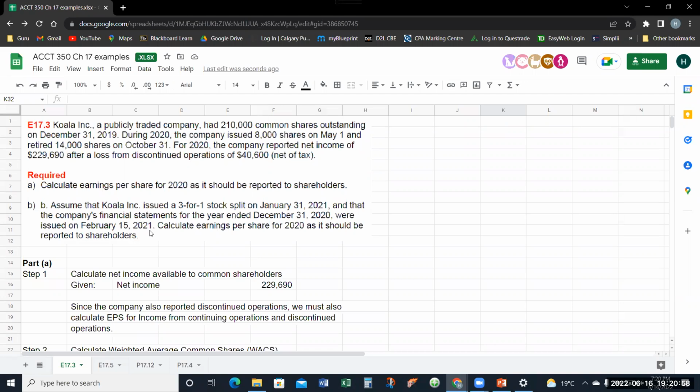So any transaction that occurs that relates to conditions that were in existence on the financial statement date, you need to record adjustments for. Long story short is we have to adjust our weighted average common shares for this 3-for-1 split.